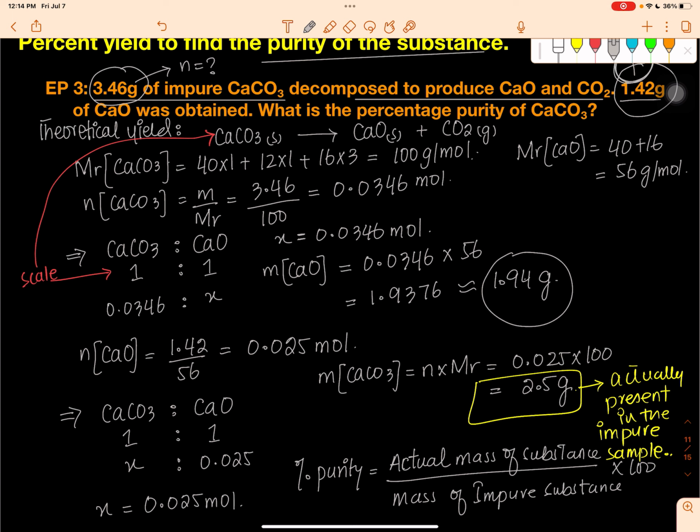But when we perform the experiment in actual practice, we see that the amount obtained is less than the theoretical yield. So there could be many reasons. If we rule out human error, then there could be the reason that the substance is not pure. So we need to find out what amount of substance was there which resulted in the product we obtained in the actual experiment.